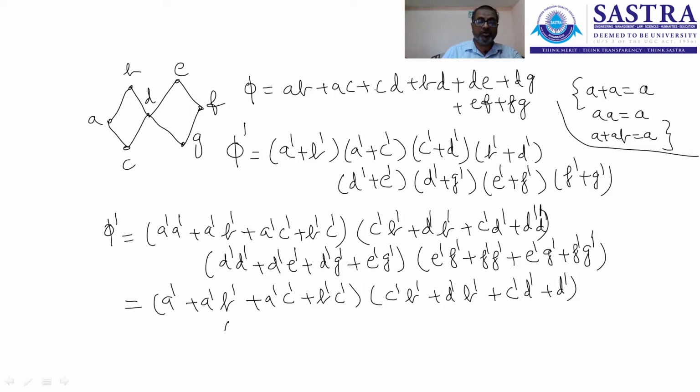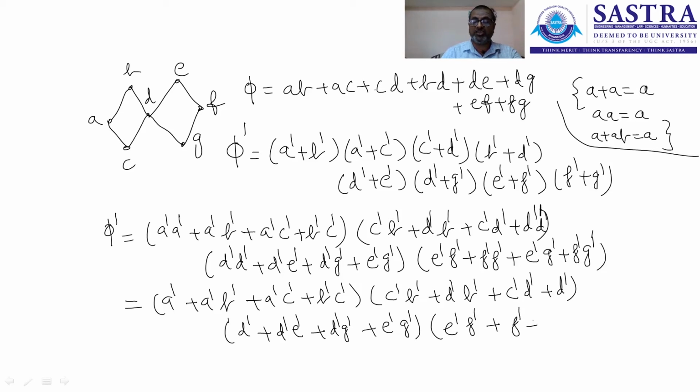And for the third one I'll have D dash plus D dash E dash plus D dash G dash plus E dash G dash. And similarly for the last term, the product of F dash and F dash is F dash, plus E dash G dash plus F dash G dash. If you look at this, I have used the second identity, A into A is equal to A, that is, D dash times D dash will give you D dash.